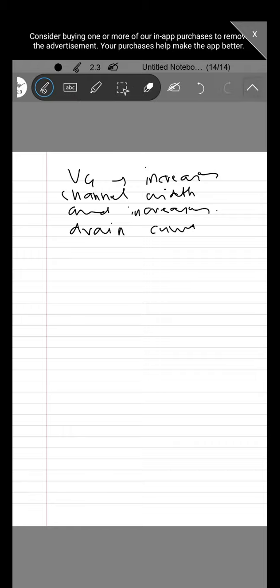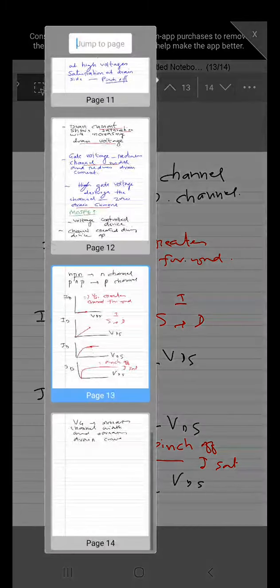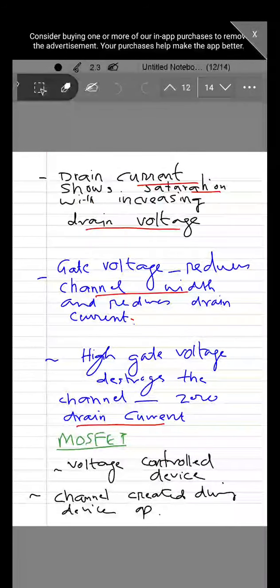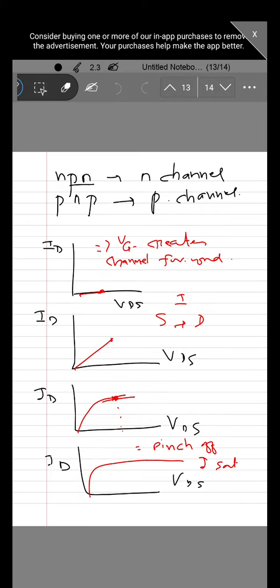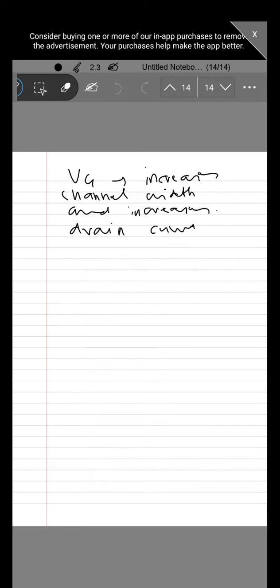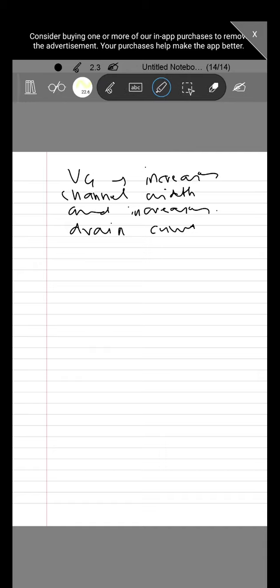This is somewhat different from what we have seen recently in the case of JFET. Here the gate voltage reduces the channel width and reduces the drain current. This is for JFET, but for the case of a Mosfet, it is doing exactly the opposite, increasing the channel width and increasing the drain current, opposite to what we have for junction field effect transistors.